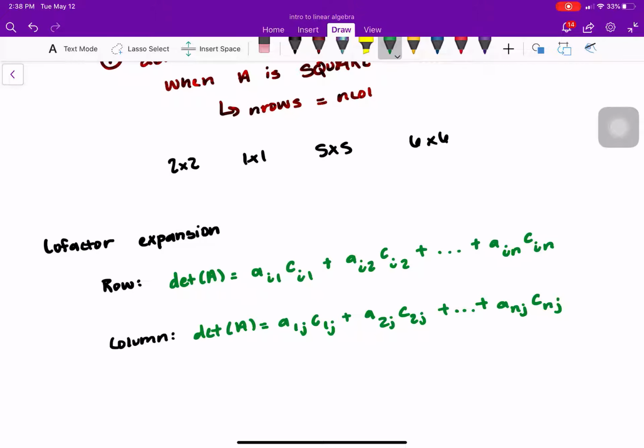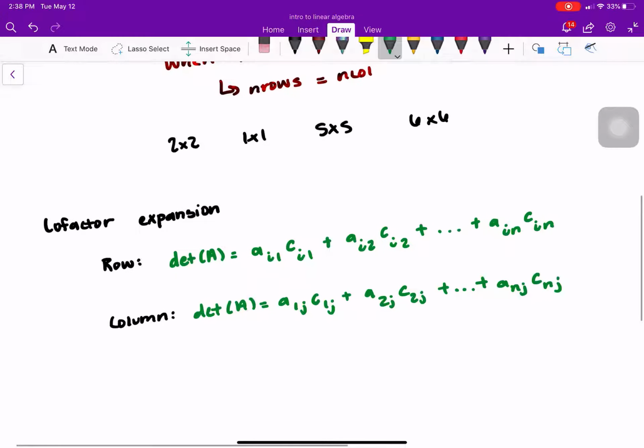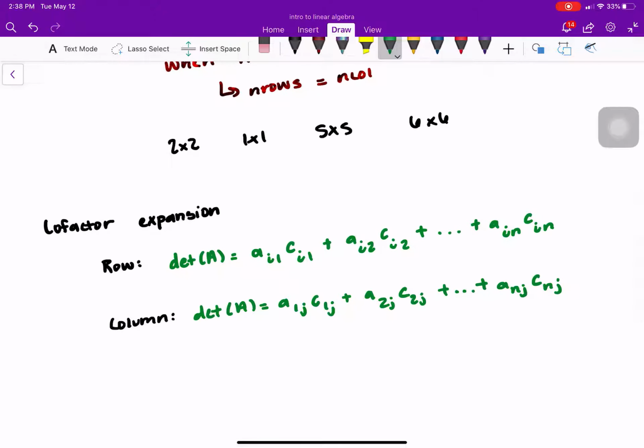What is this C, you might ask? Very good question. C_ij is equal to (-1)^(i+j) times the determinant of A_ij.